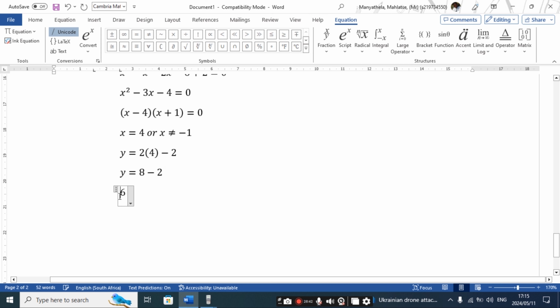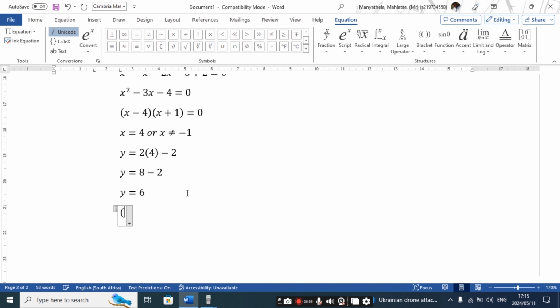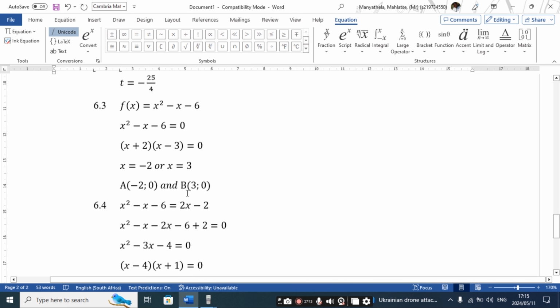y equal to positive 6. So the coordinates of E will be equal to, is it positive 4? Okay, let me first show that I'm determining the coordinates of E. The coordinates of E will be equal to 4 and 6.